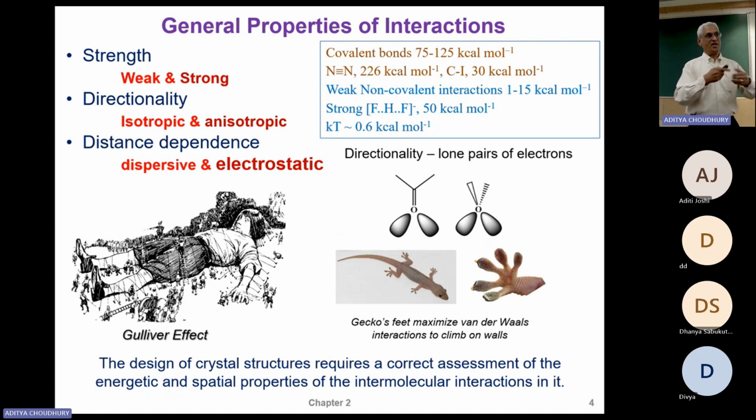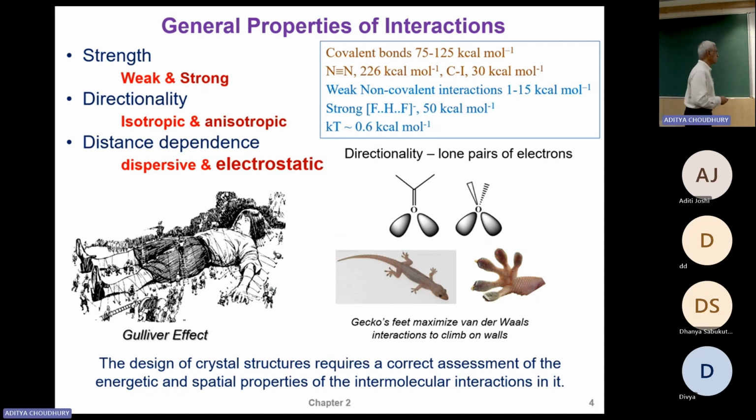You can try to align or pack the molecules using strong hydrogen bonds in a particular way. That's an advantage. With weak interaction, you have no control because it's all isotropic. Take, for example, argon, it's spherical. You can pack it in any way. It's a ball, like a tennis ball.